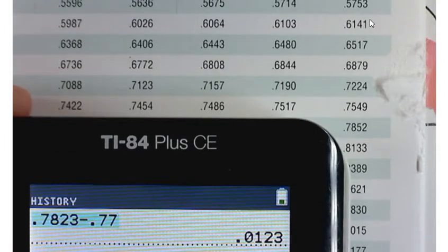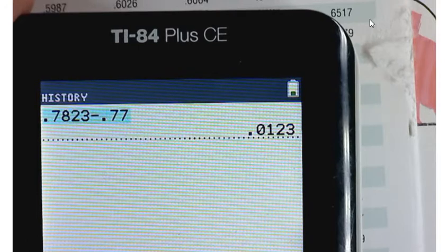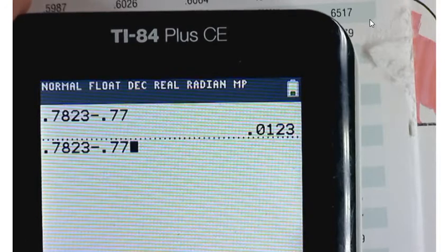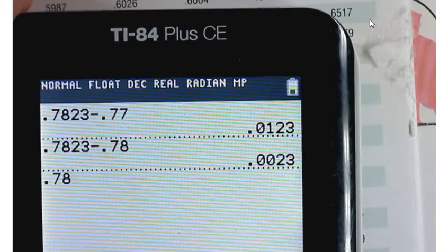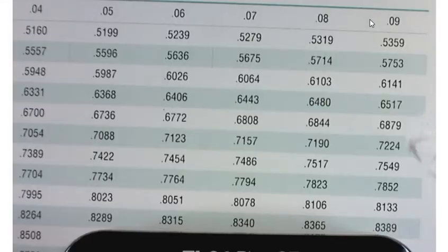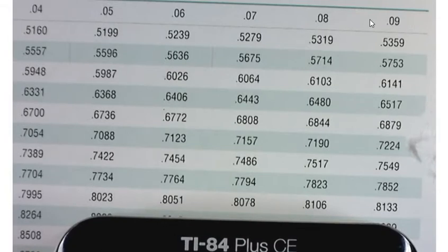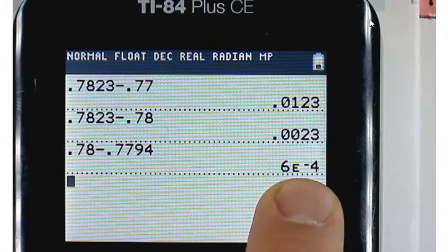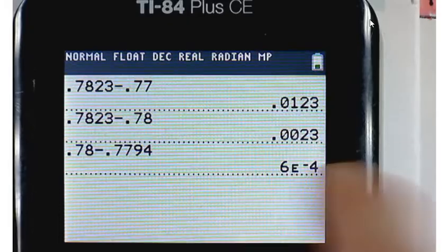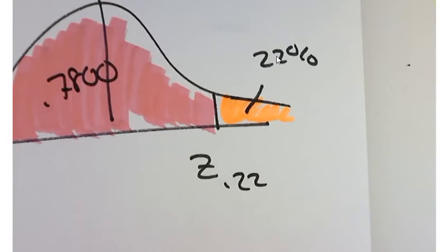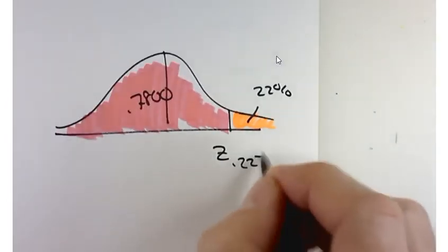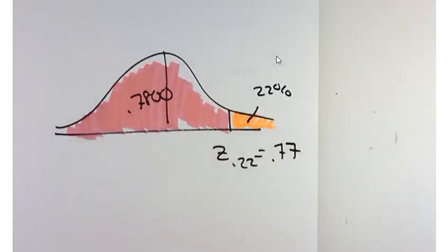So subtract off 0.78 and see how close we are that way. And then 0.78 minus the other one, 0.7794. So if you really wanted to figure it out, then you could. This one is a lot closer. That's 3 zeros and then a 6. In any case, Z sub 0.22 equals 0.77.